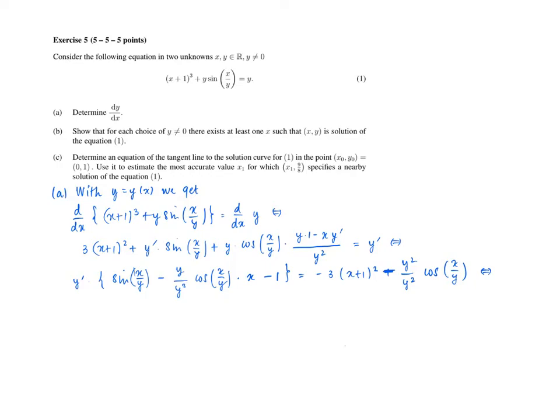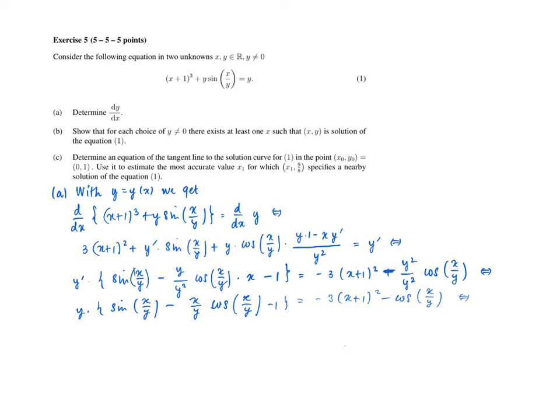y squared divided by y squared times the cosine of x over y. So here we get y prime times the sine of x over y minus 1 over y, because y cancels out, or times x times the cosine of x over y minus 1 equals minus 3(x plus 1) squared minus the cosine of x over y.